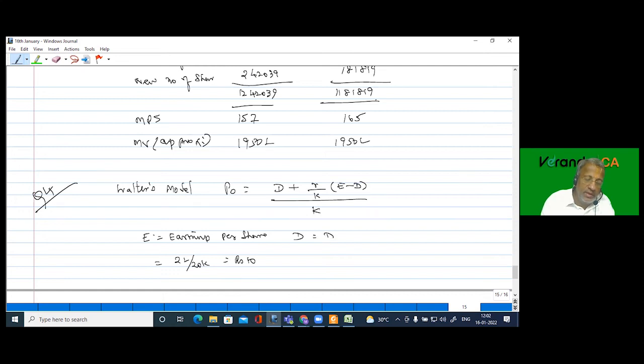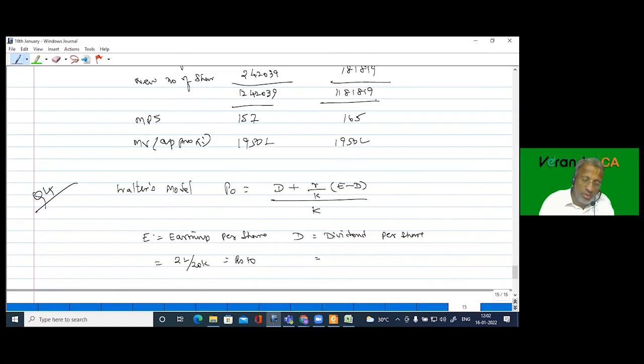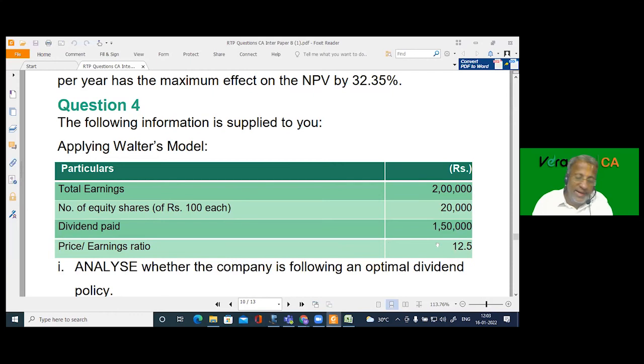D, dividend per share, is equal to 1,50,000 divided by 20,000, which is 7.50. And P ratio, they have mentioned it as 12.5.